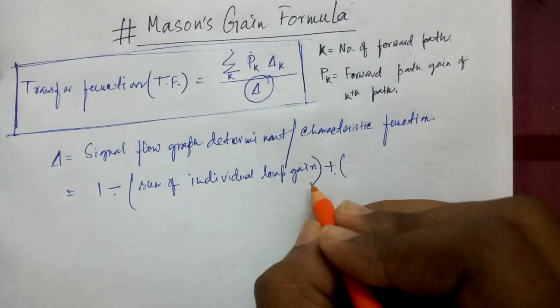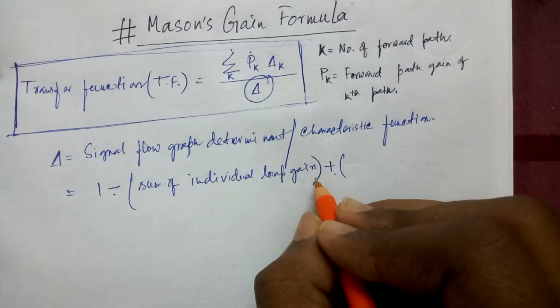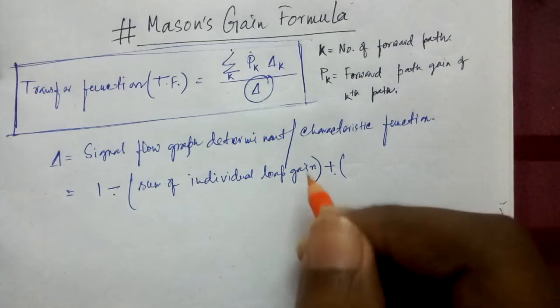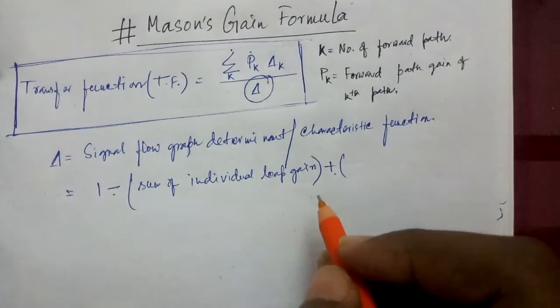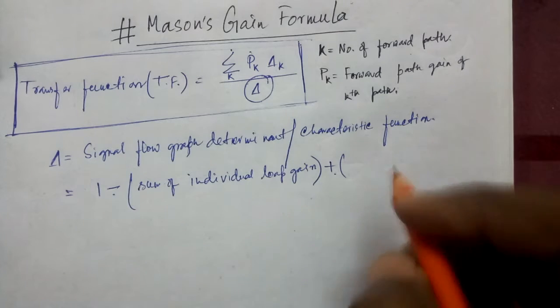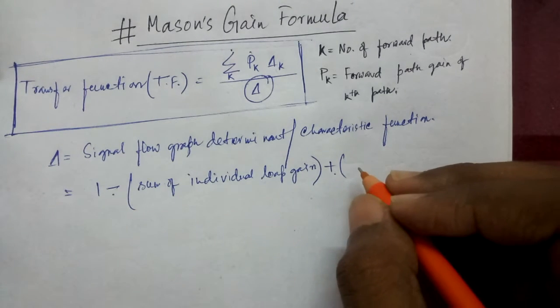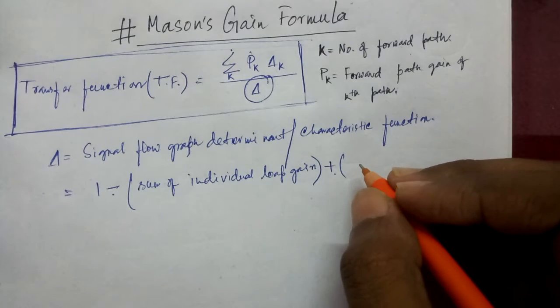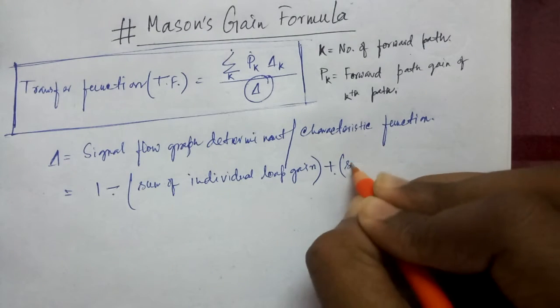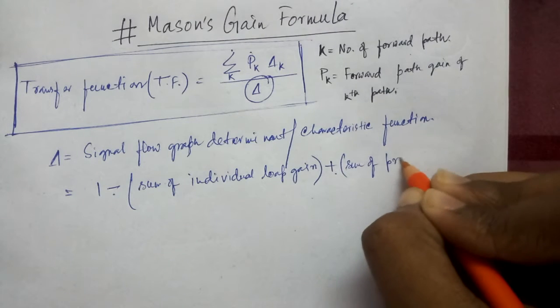The sum of individual loop gains will be calculated and the summation will be subtracted from 1. Minus sum of individual loop gain means you have to check how many loops are there in that signal flow graph. Plus sum of product.